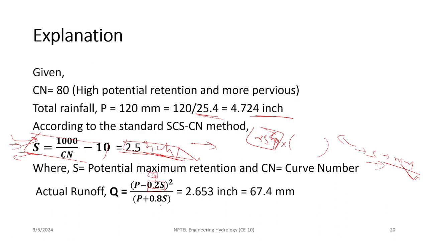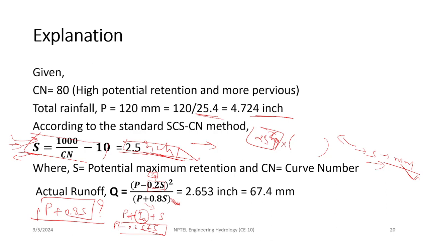One more thing, don't confuse this with the formula P minus IA plus S. IA is nothing but 0.2 into S, plus S. If we solve this, we directly get 0.8 into S. Am I right? Is it right or wrong?